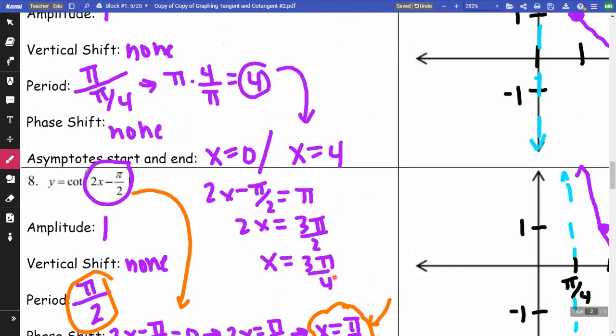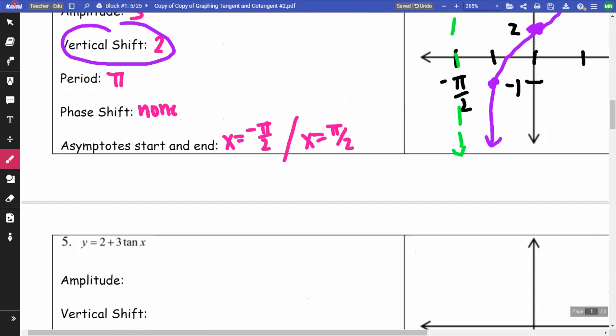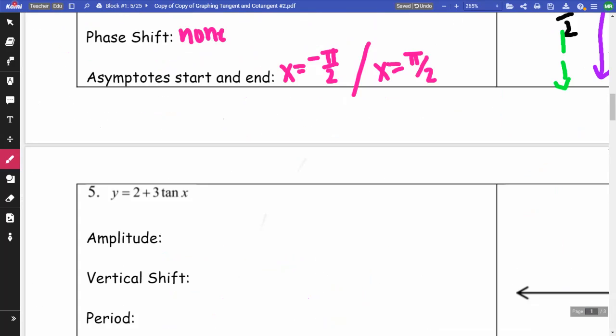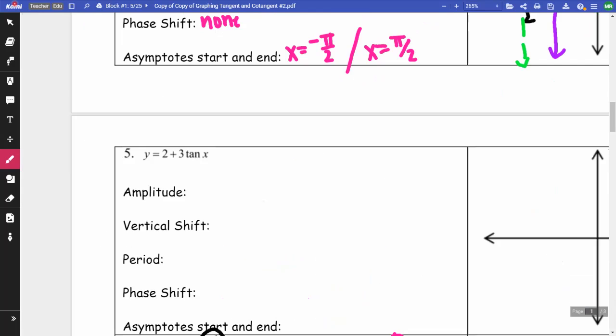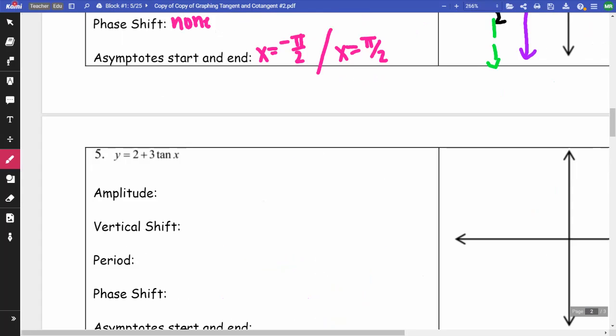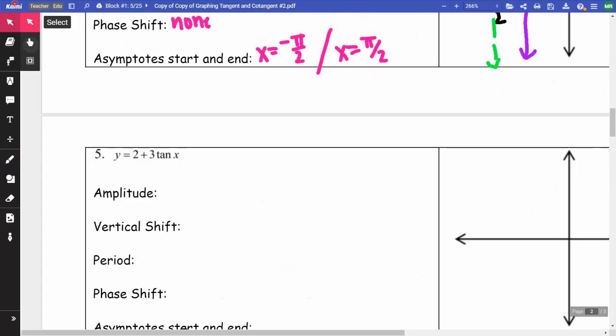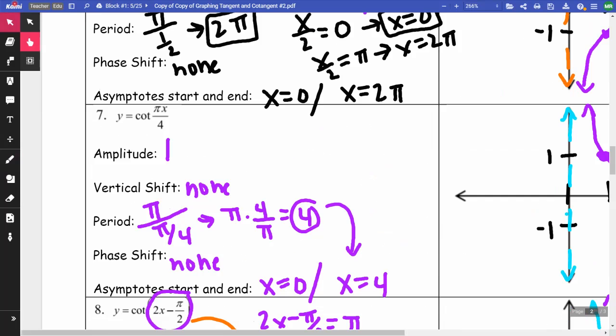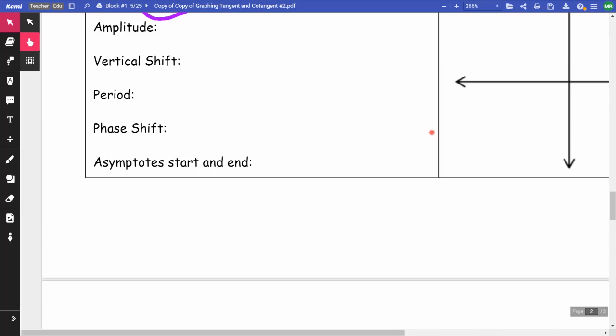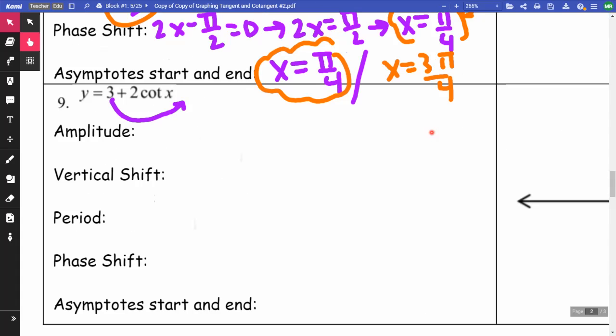Let me get it so that I have my mouse. So like we did on this one here, same type of idea.